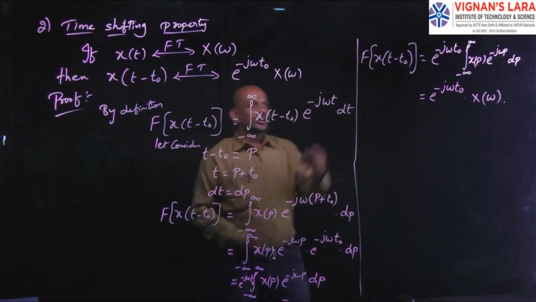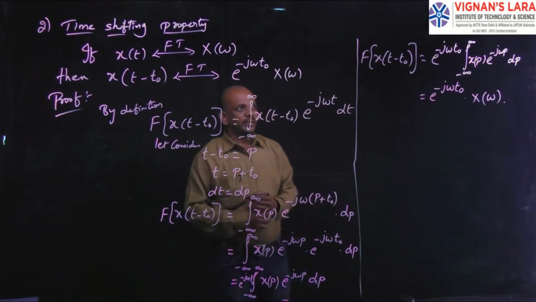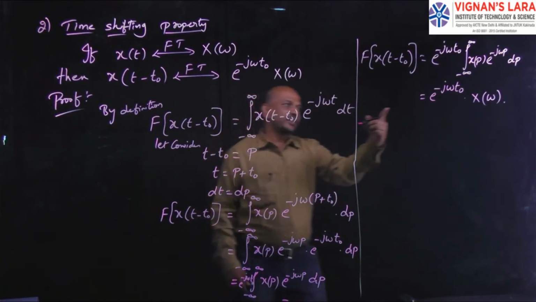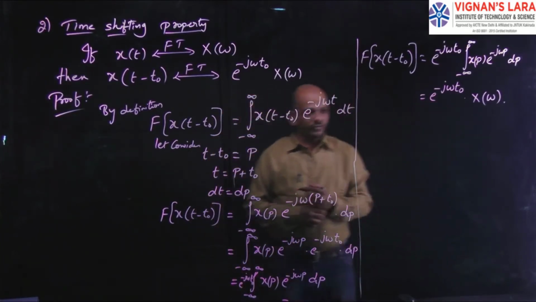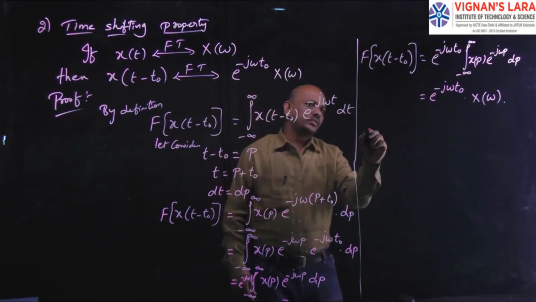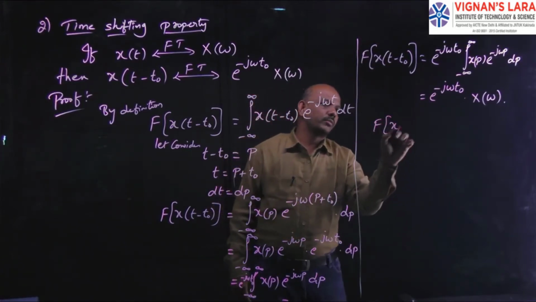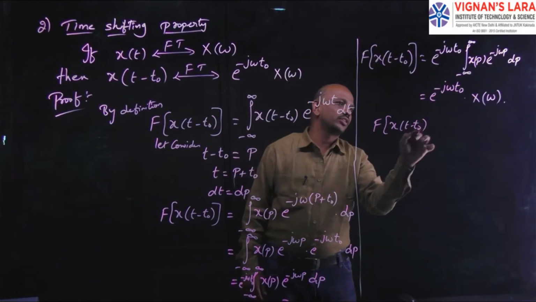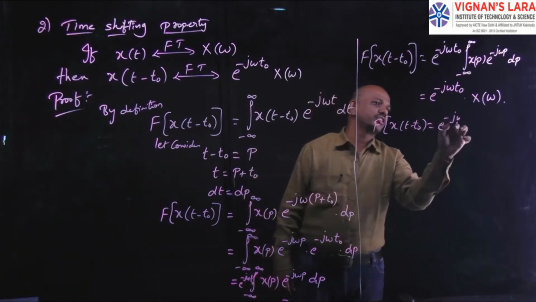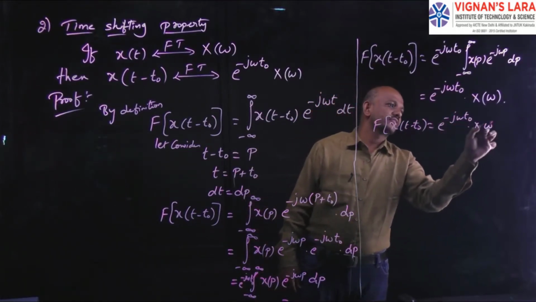So finally what I got? Fourier transform of x of t minus t naught will be equal to e power minus j omega t naught into X of omega.